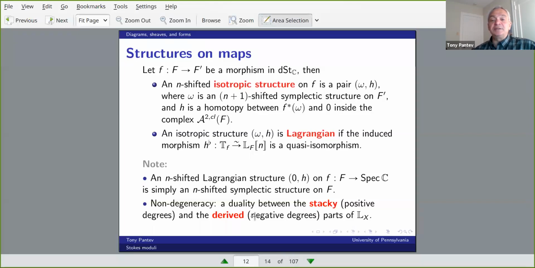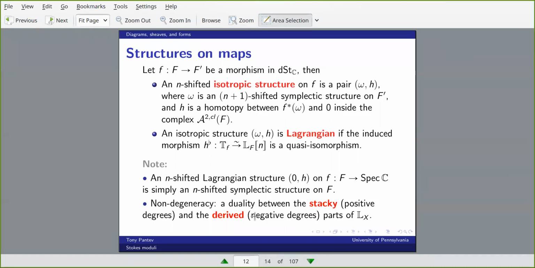The stackiness is reflected in the positive degrees of the cotangent complex, and the derived structure is reflected in the negative degrees. And the symplectic structures actually identify those. So it's essential to have these extra structures if you want to have a symplectic structure, and also to resolve the singularities, to have a perfect guy. It's somehow built into the geometry.